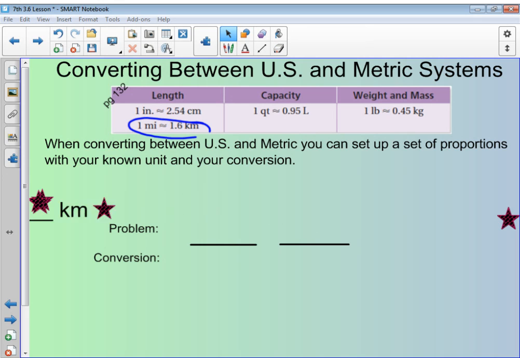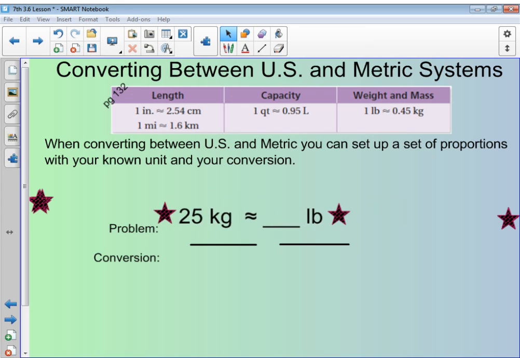Okay, so let's try one more. Okay, 25 kilograms to pounds.